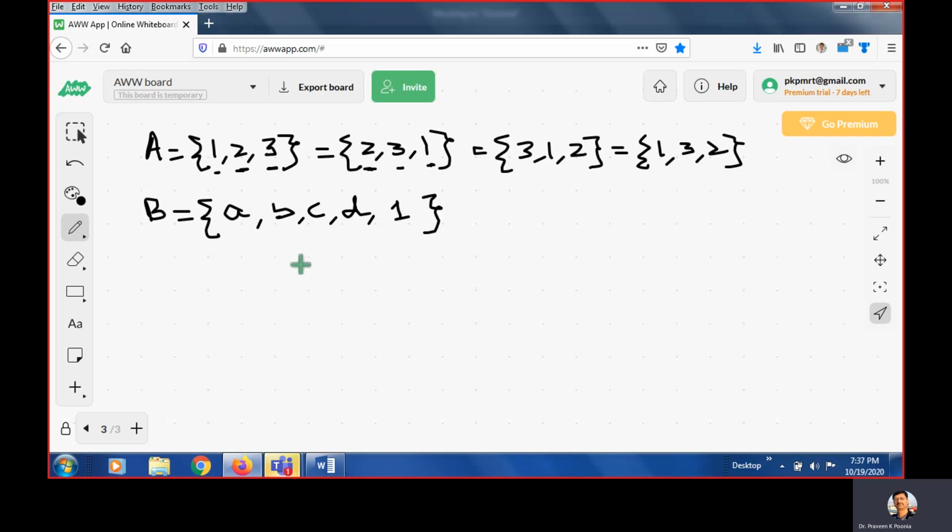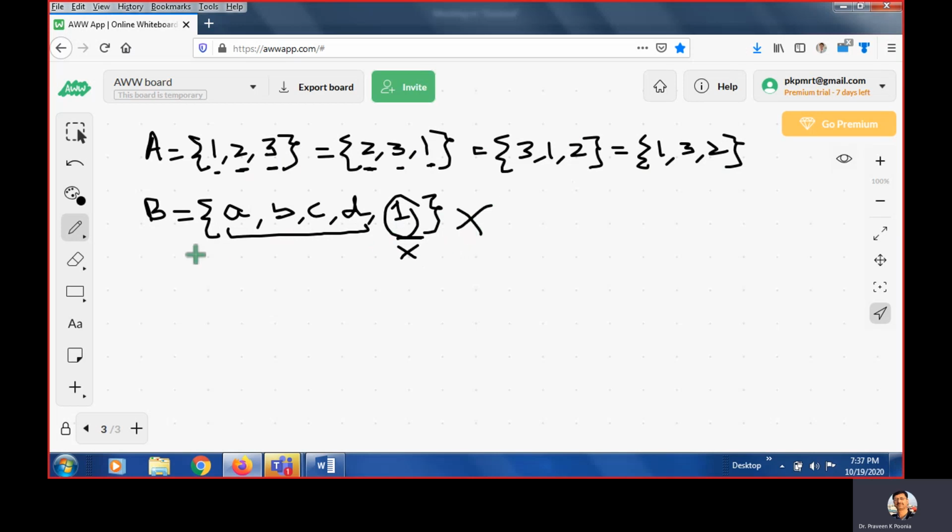So this is not a set because here I am writing alphabets and then I'm writing 1. Clear? This is a number. So this is not a set. This is not well defined. I cannot say this is the English alphabets and number. No. So it is a mixture. So it should be well defined.